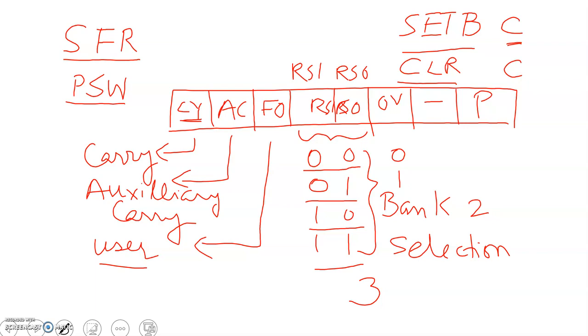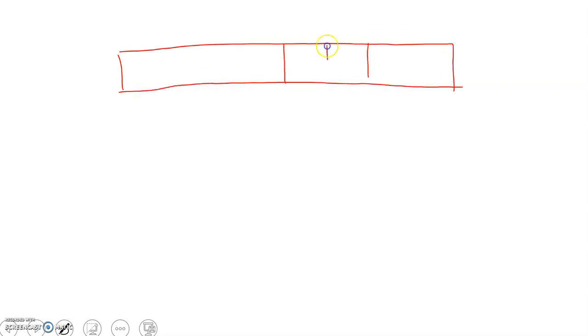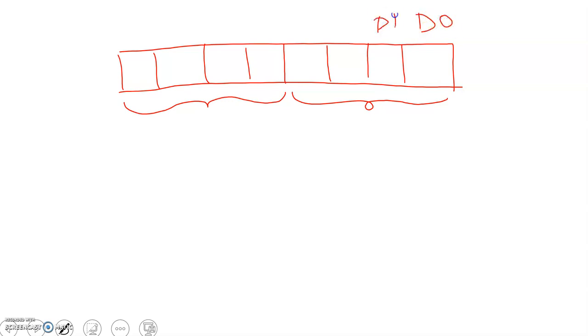Okay. Then come to the auxiliary carry. So we have this accumulator. It has got 8 bits. The lower 4 bits and the upper 4 bits. This is your D0, D1, then D2, D3, D4, D5, D6 and D7. This is the most significant bit.